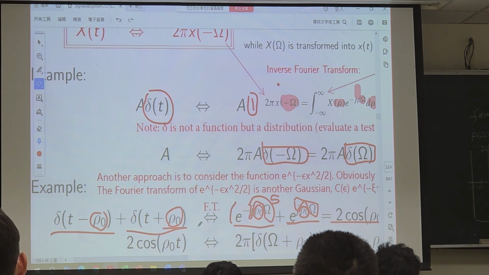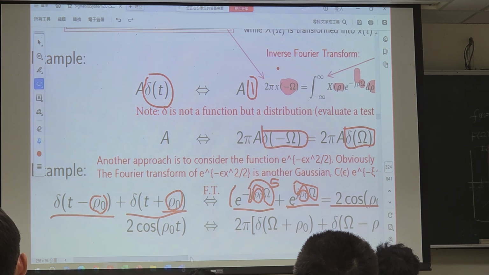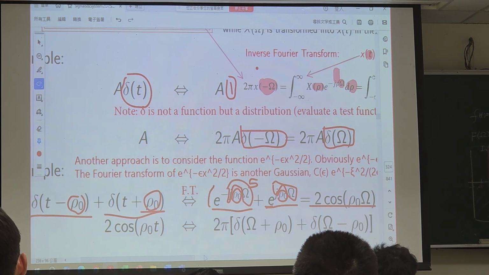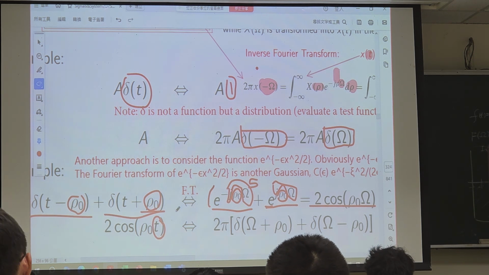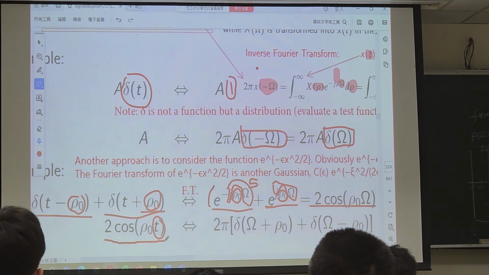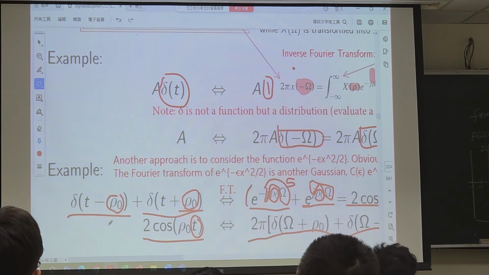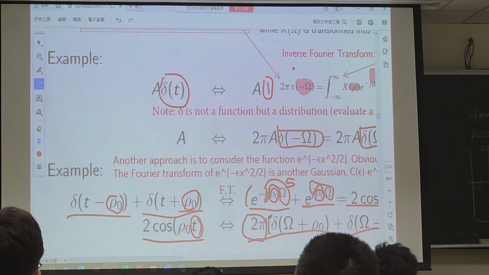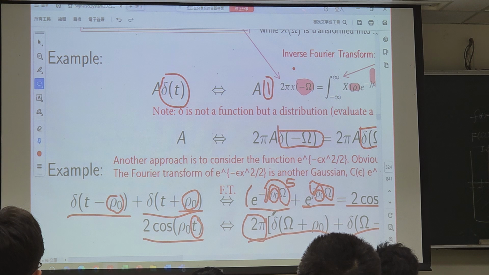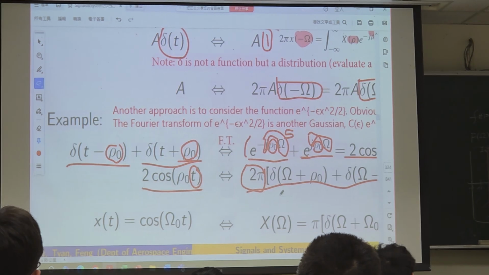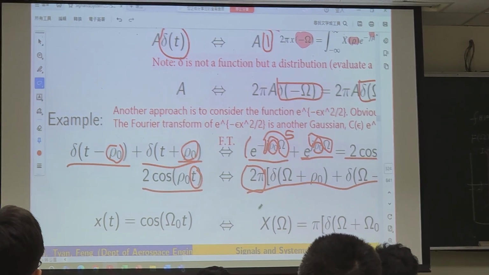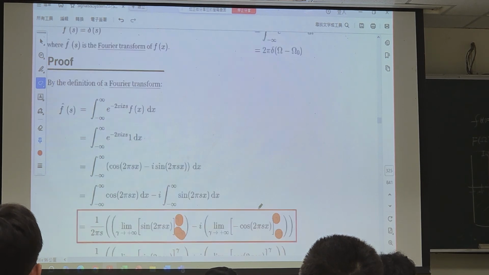So alternatively, if you use this cosine function as the time function and then take the Fourier transform, that will give you the associated Fourier transform, which is the sum of two delta functions, multiplied by 2 pi again. So that's a duality, which is very useful. All right, let's move on to the next one. Speed up a little bit, sorry.